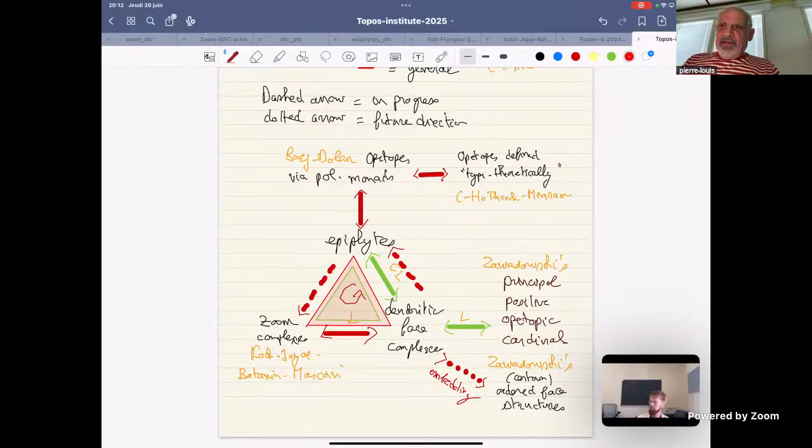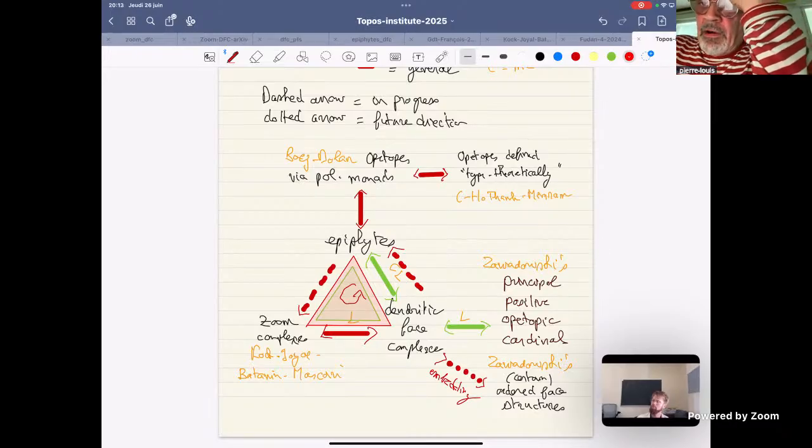So in this diagram, the Baez-Dolan thing is the historical first appearance. Then the zoom complex side of this triangle was also known from, let's say, I don't know when, but later, but is also already classical.